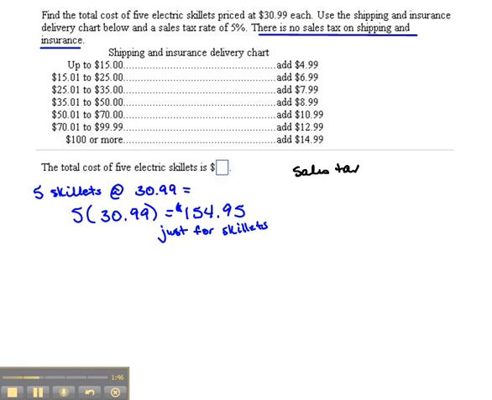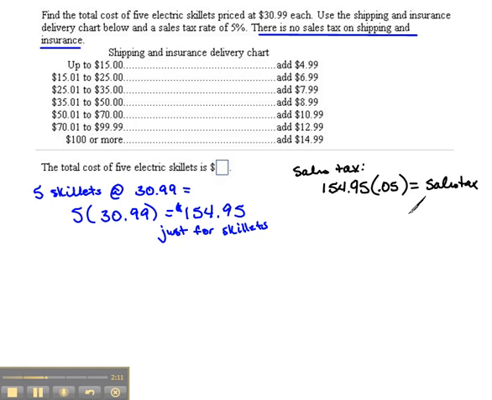For our sales tax, we're going to be paying our total price, which is $154.95, times that tax rate. And this tax rate is 5%, so that would be 0.05. So that tells us if we multiply these two together, this is going to be our sales tax.